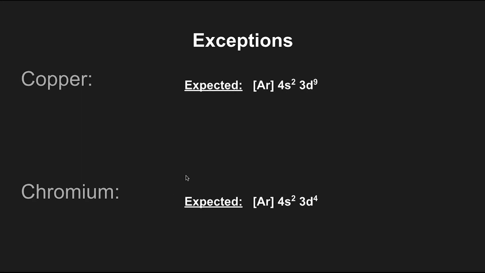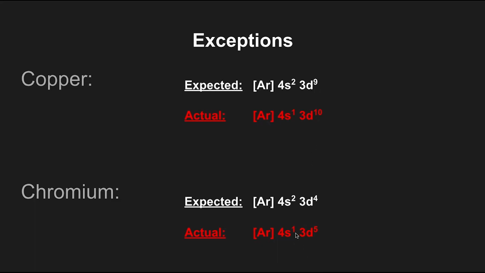But they have a different electron configuration due to problems with stability, and that makes their actual ones these right here in red. As you can see, copper has one half-filled 4s subshell and one full 3d subshell, whereas the expected one has one full 4s and one incomplete 3d.